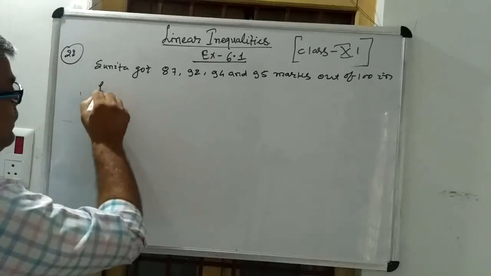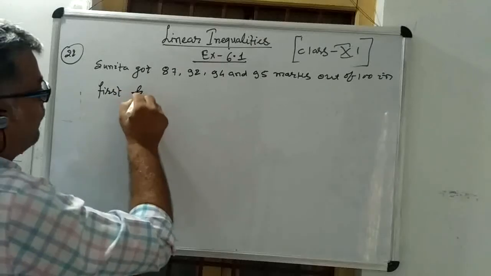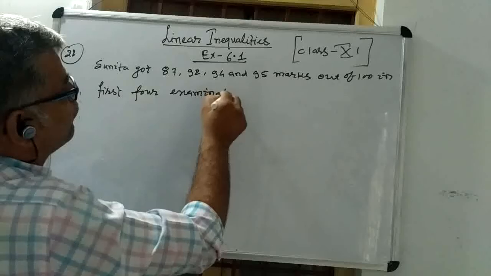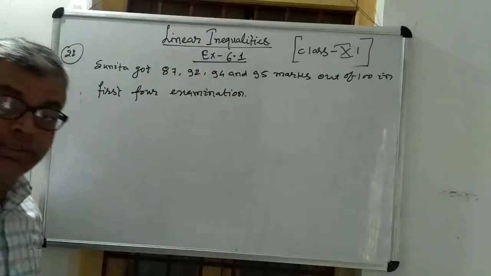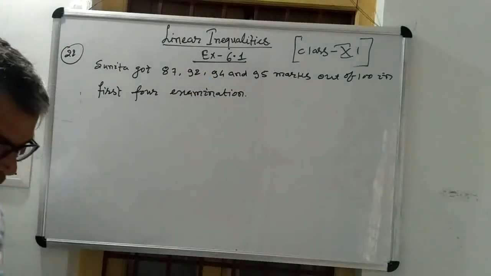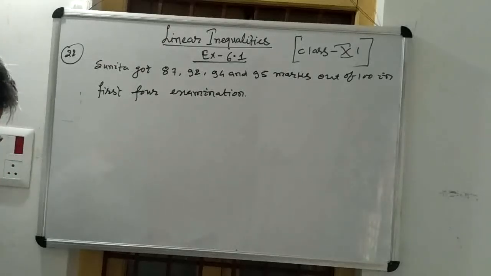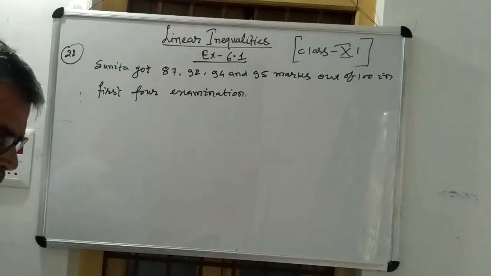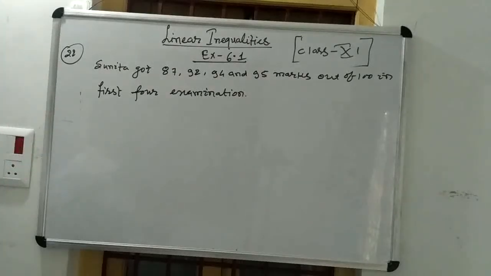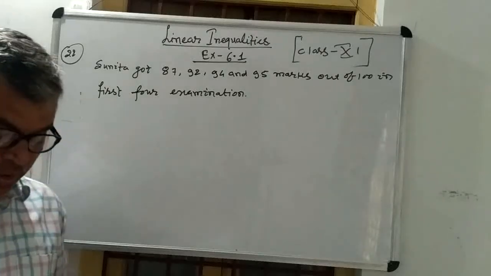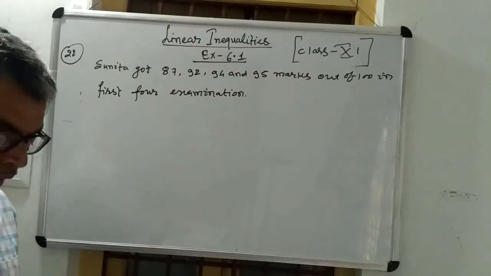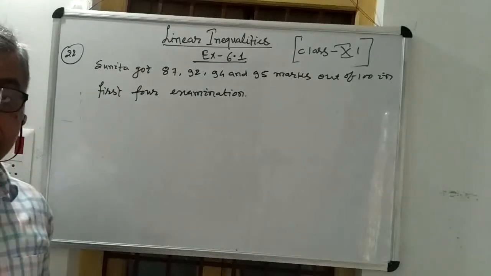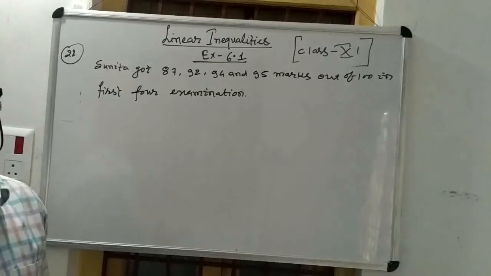Now the question is asking how much minimum marks Sunita must obtain in the 5th examination to get grade A overall, and grade A is obtained if the average is 90 or more than 90.